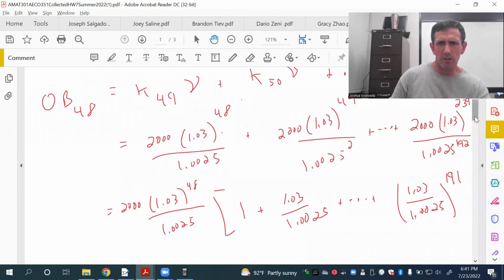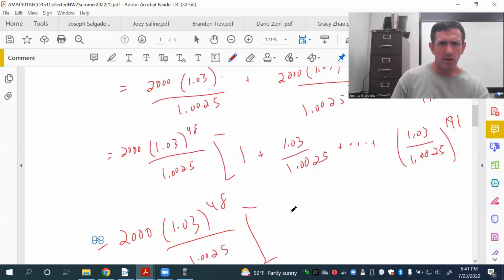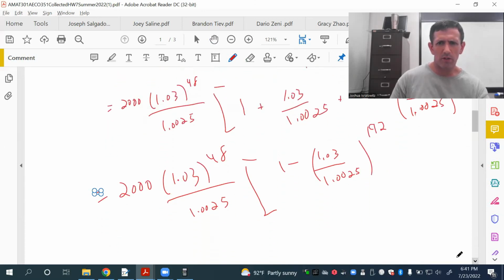All right, so it's just geometric series formula. Plug and chug into your calculator at this point. 1 minus r, 1.03 over 1.0025 to 192, over 1 minus your r.